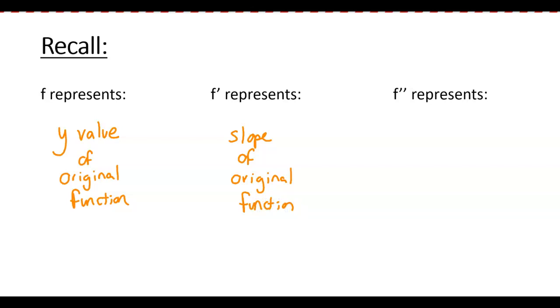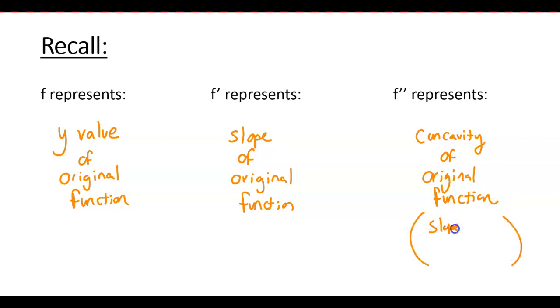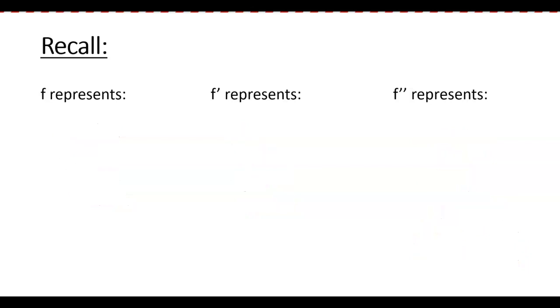And F double prime represents the concavity of your original function. It could also be said to represent the slope of your derivative. Okay? So that's what those derivatives represent when you're talking about graphs.